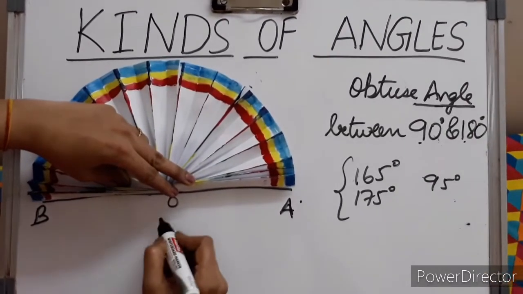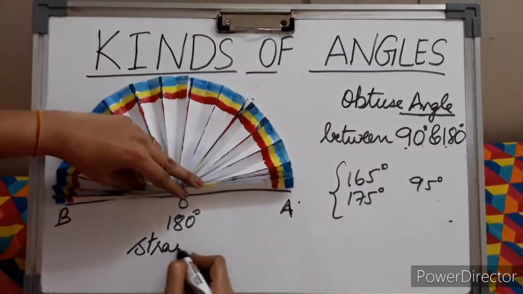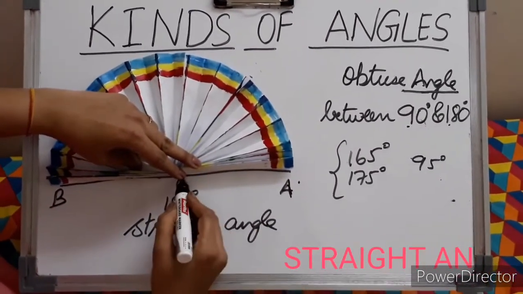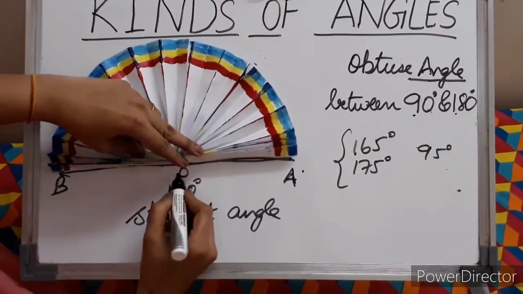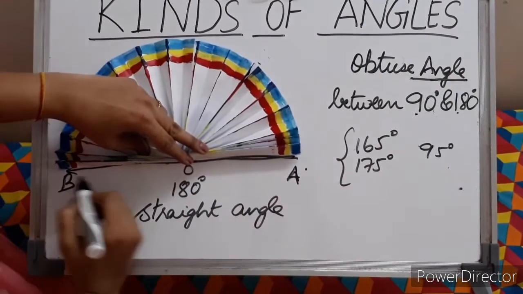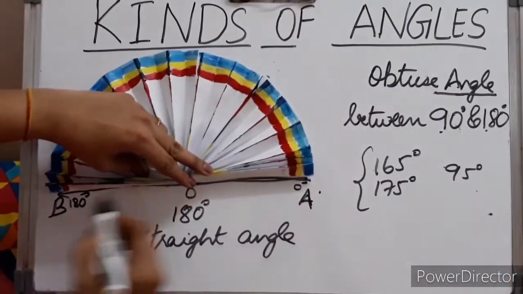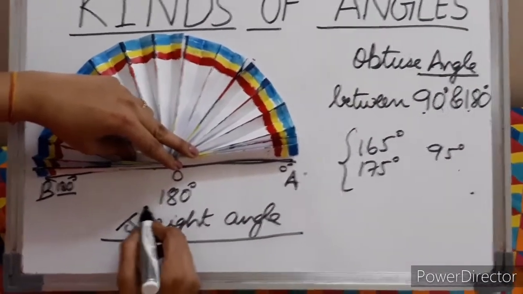So this forms what? 180 degree, that is a straight angle. Starting from here, it ends till here. So again, with the help of the protractor also you can see it came till 180 degree. When you start here 0 degree, this is 180 degree. So this is called the straight angle, when the angle is exactly 180 degree.